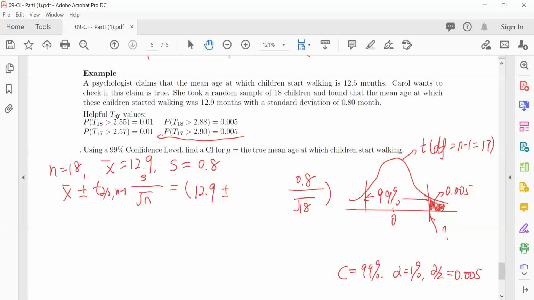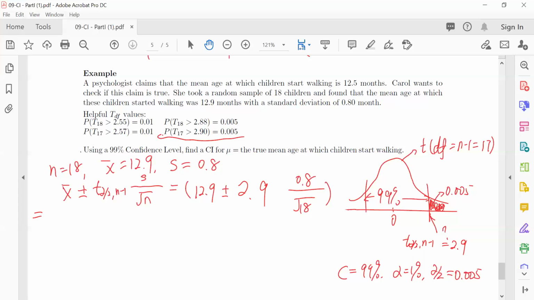The probability that this is greater than the value 2.9 is 0.005, and that's exactly what we are talking about here. So that value is 2.9. So we are going to bring this 2.9 here and plug in 2.9 here.